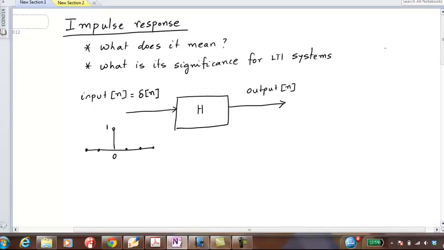I'm going to get a certain output from the system. This can be thought of as the response of the system to the unit impulse input, and that is what we call the impulse response of the system. So h of n is called the impulse response of the system.